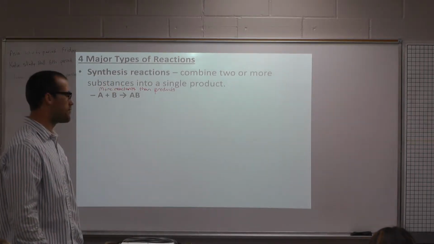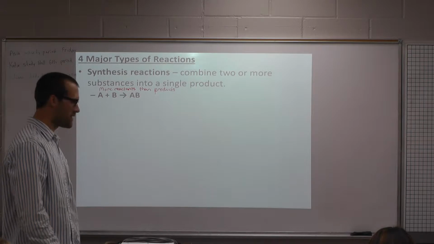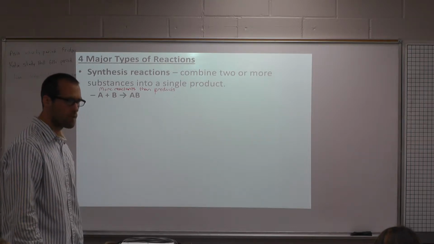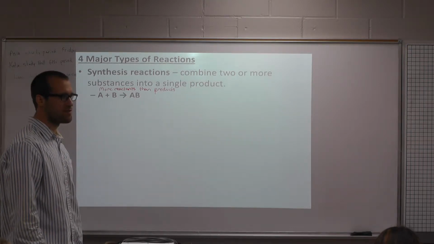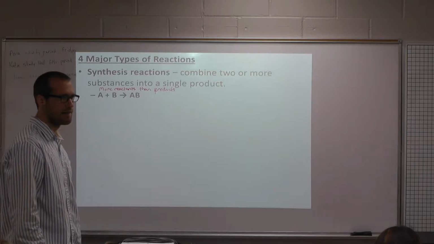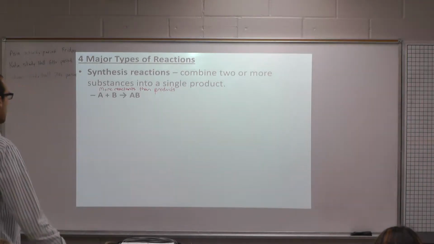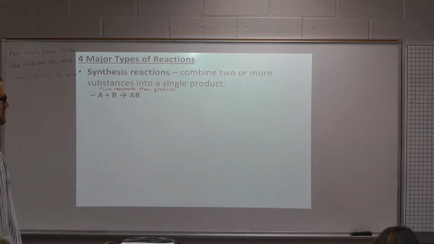Okay, so more reactants than products. Now, it appears that it has to be a single product, but that makes sense because we're doing what? Combining. Okay? Sometimes they call it combination. You might see that in your textbook reading. You might see combination reaction.